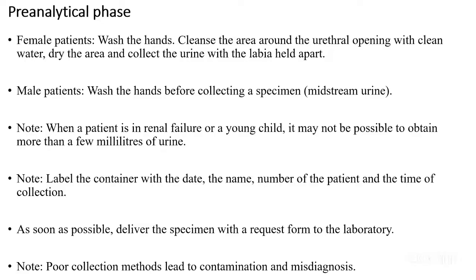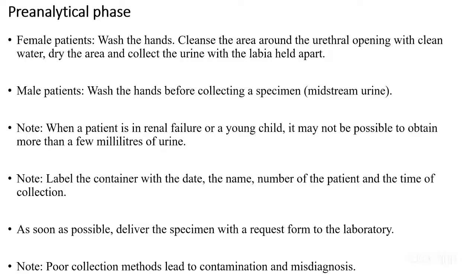Also note, for patients who have renal failure or younger children, it may not be possible for them to obtain the 10 or 20 ml. So when taking the specimen in the lab, you should also consider which age group and which condition the patient is suffering from.